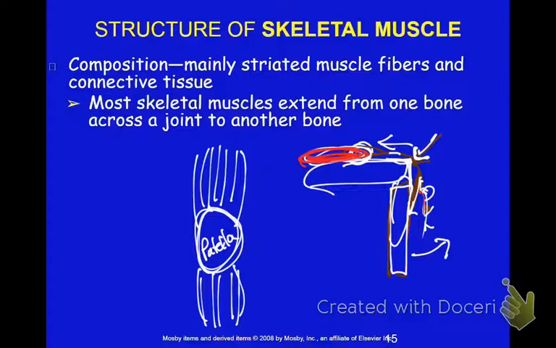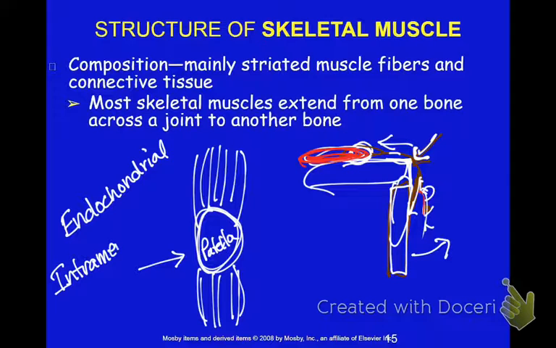So when we developed as embryos, we had mostly endochondral bone formation. Okay, our bones formed inside of cartilage, hyaline cartilage. Some bones, however, like the patella and the bones in the skull, have intramembranous formation.